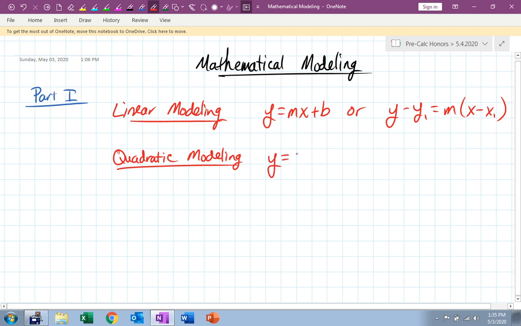So y equals ax squared plus bx plus c, or you can have the vertex form, y minus k equals a times x minus h squared. So again, that's something else you might see in stats.